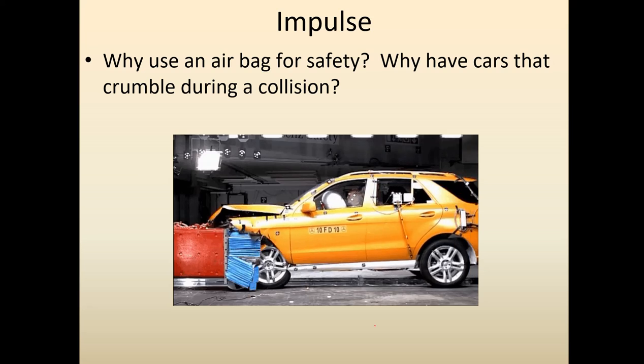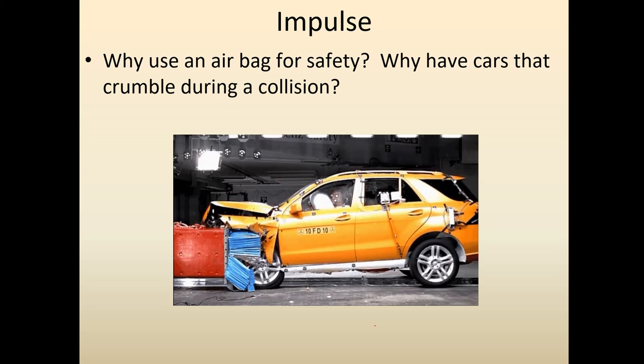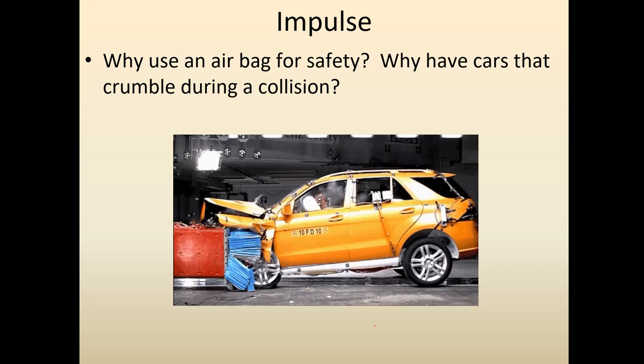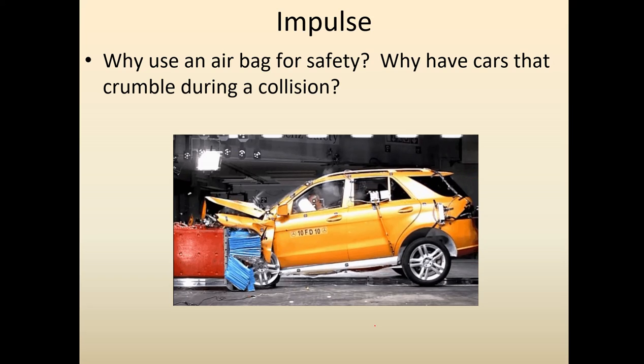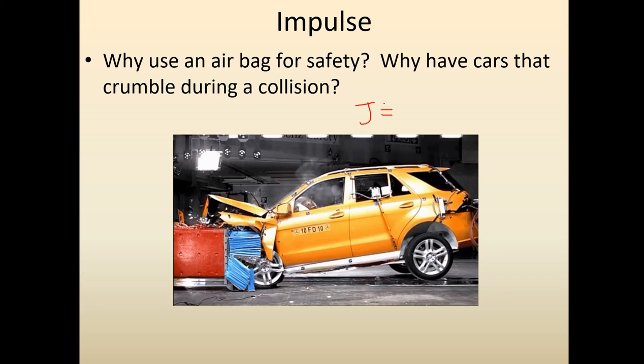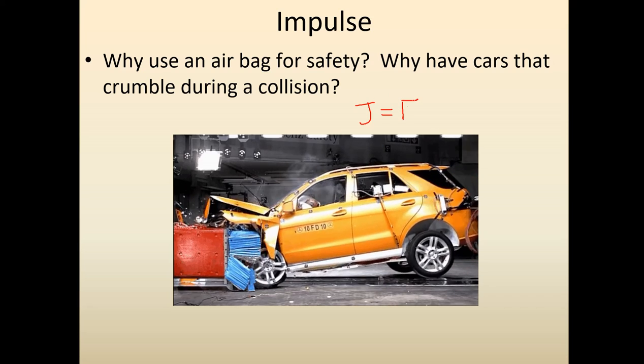They realized that the reason why people kept dying was that there was such a high force due to the quick impact time. The fact that the car never got a chance to crumple, it just stayed sturdy, meant that you felt so much more force due to the extreme simultaneous impact and coming to rest. So again, going back to the equation, when we get into a collision, our impulse based off our speed doesn't really change, but what changes is the force and the time.